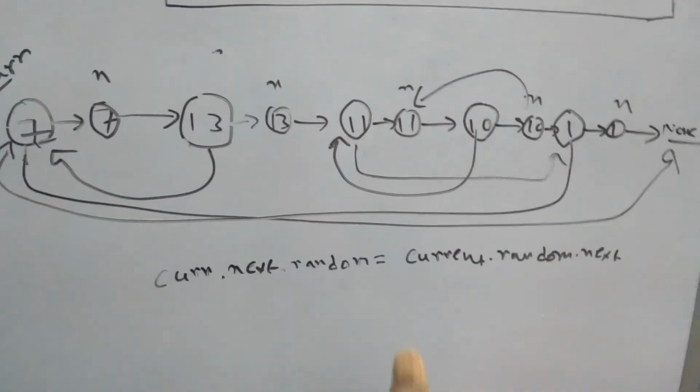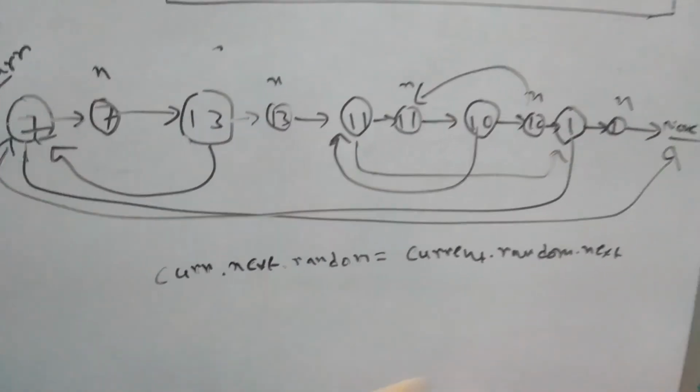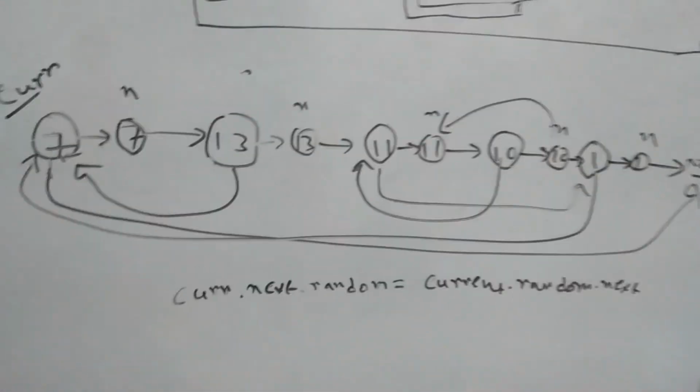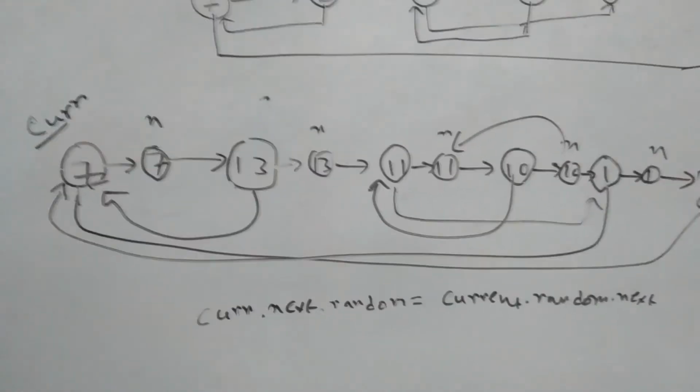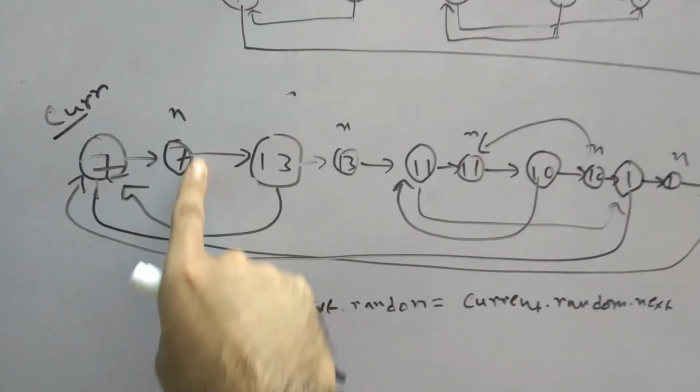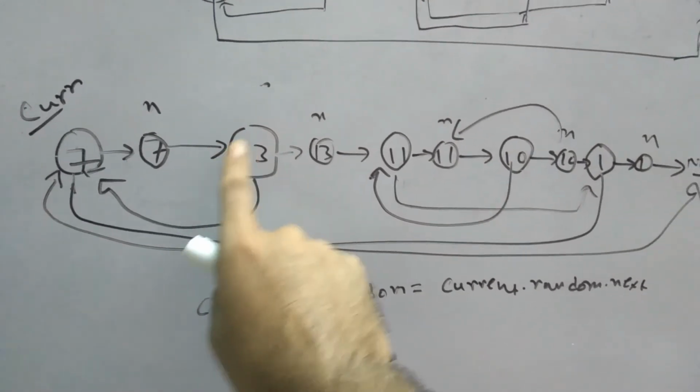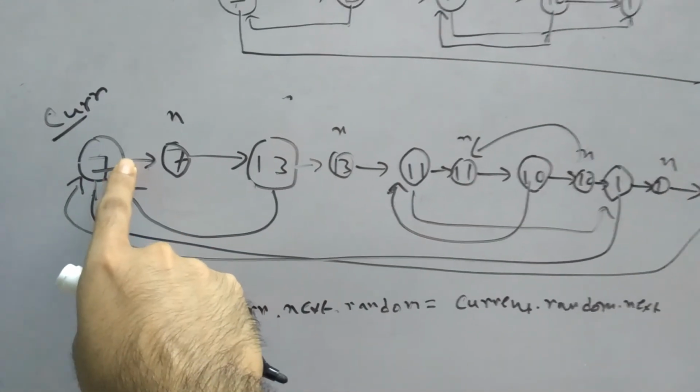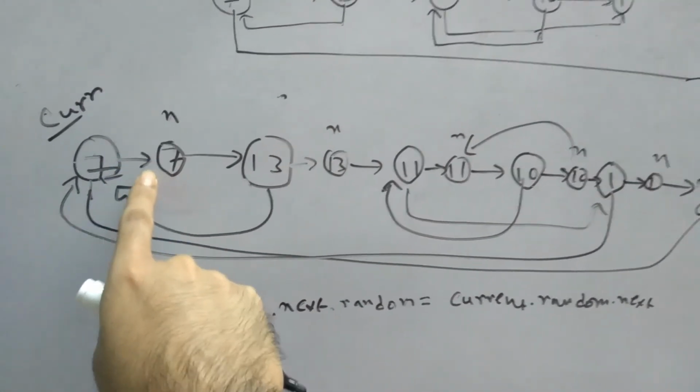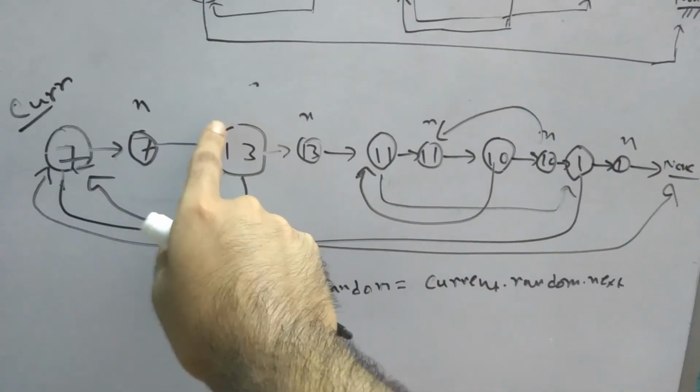After that only one thing remains, and what is that? We have to now restore the previously given linked list. So we have to break down these connections, these links. The current node is pointing to this, instead this one should point to the next old node.